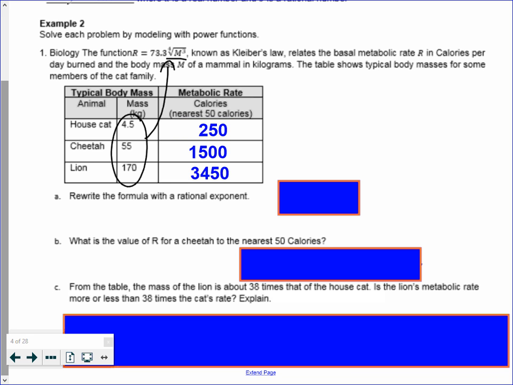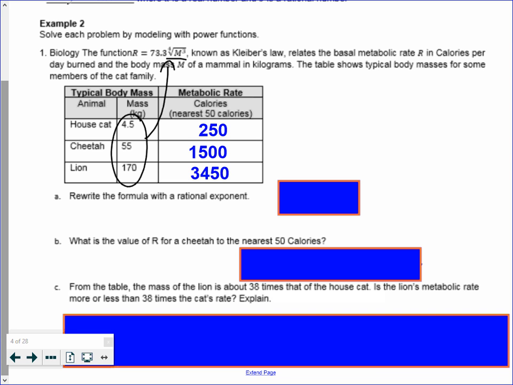For a cheetah, its typical body mass is about 55 kilograms. You plug it into the equation, and you should get 1,500 calories. And for a lion, its typical body mass is 170 kilograms. If you plug it into the equation, you should get 3,450 when you round to the nearest 50 calories. So we filled out our table.